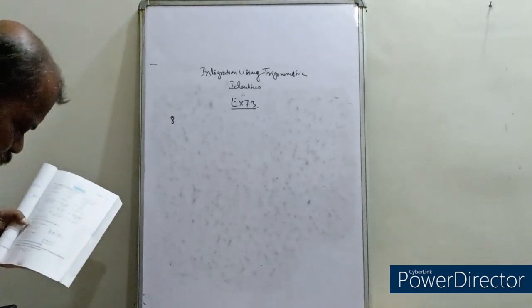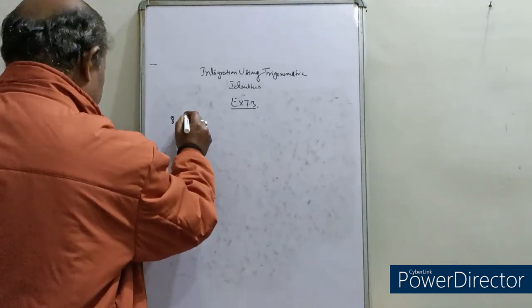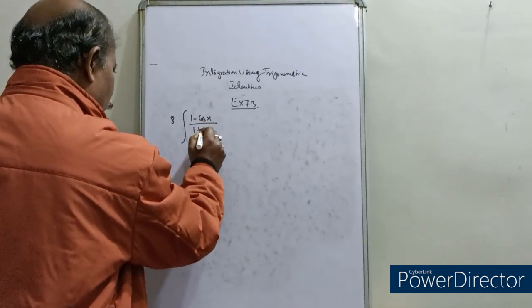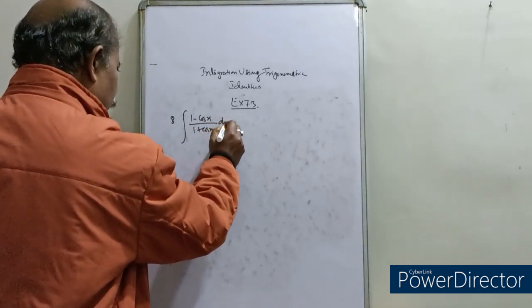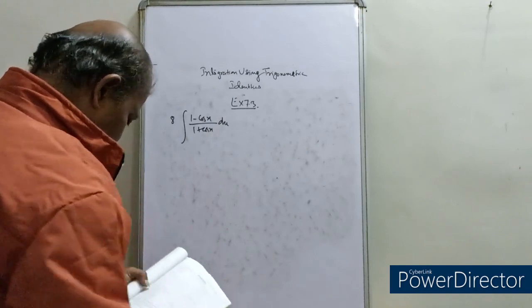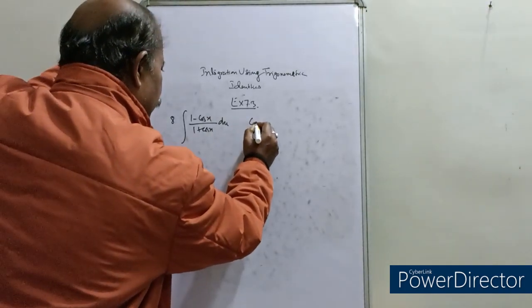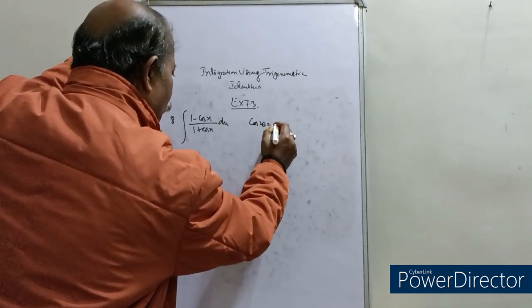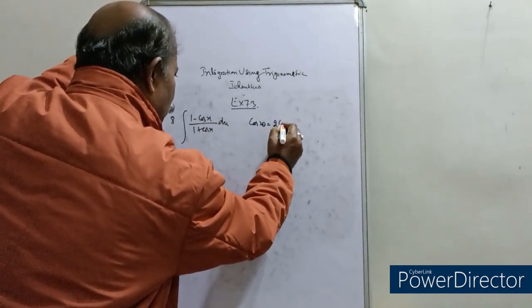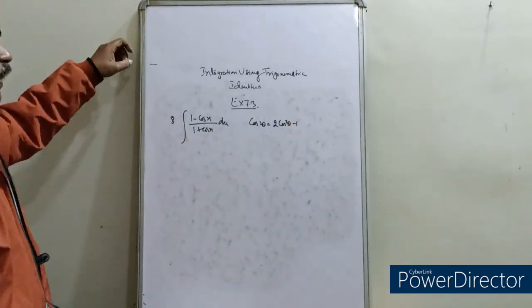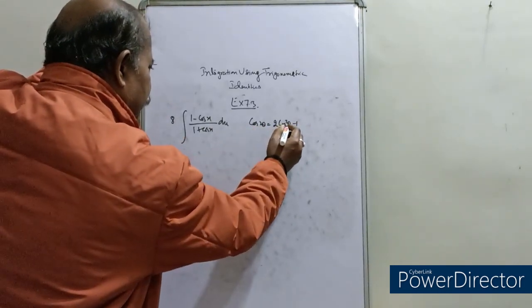Here I am going to solve this question number 8. See, integration of 1 minus cos x by 1 plus cos x dx. So here what I am going to do is use the formulas for cos 2 theta. There are two formulas. One is 2 cos square theta minus 1. So here there is 2 theta, so this is theta.